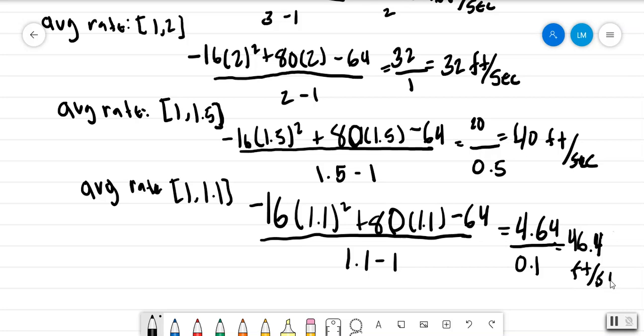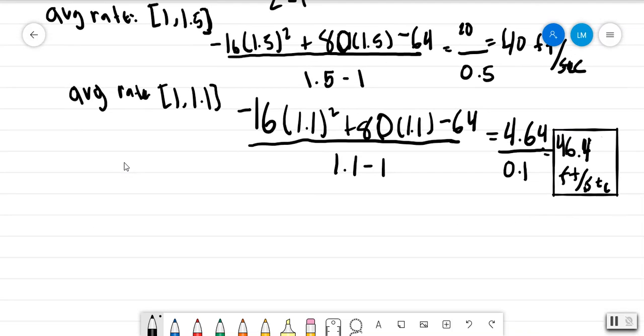Now, the question really becomes, what happens as we get close to 1? And that's actually a very interesting computation, because essentially what we're saying is that we can find the instantaneous velocity.